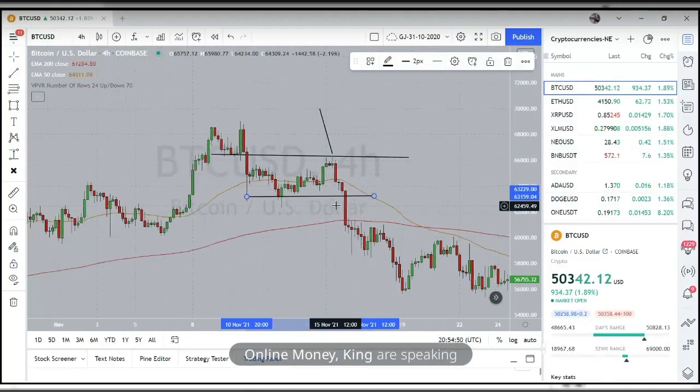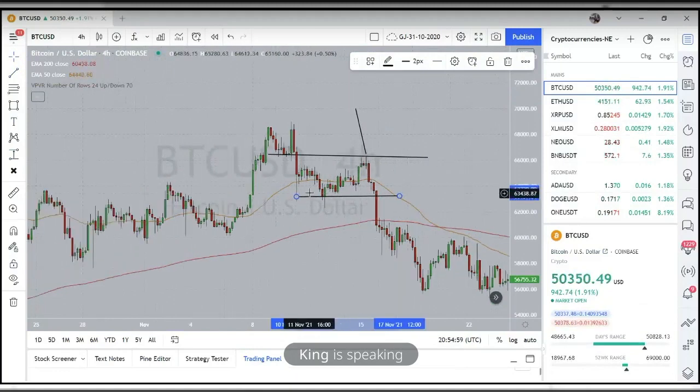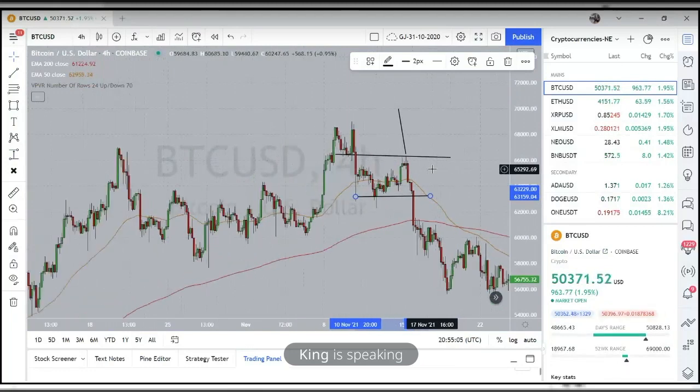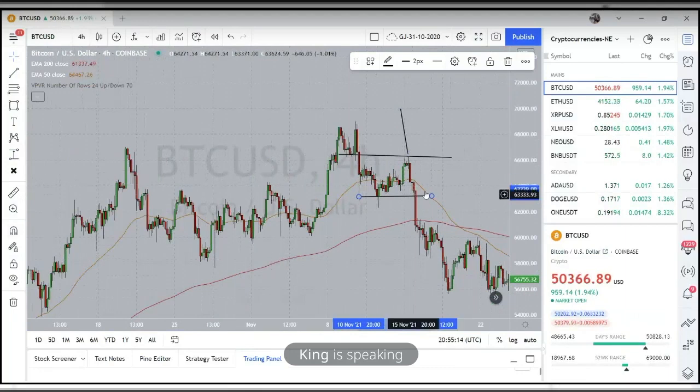I wouldn't necessarily get in on that, because that doesn't give me any confirmation of what the market is doing. Like I said earlier, we got the break of market structure somewhere here, then we got the high, and then we got the swing failure.